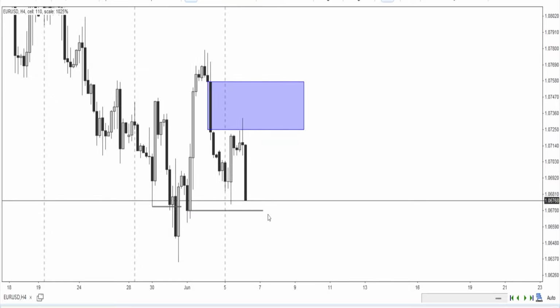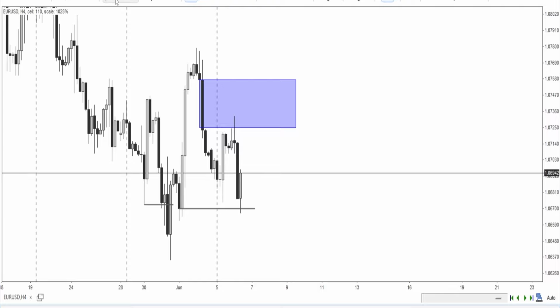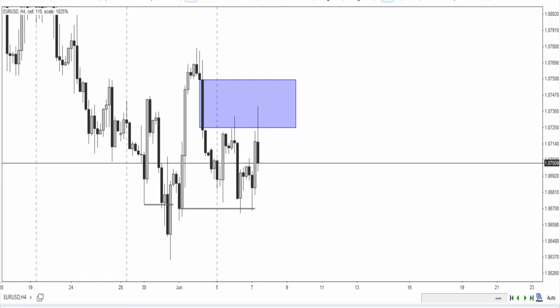When the price taps into this 4-hour rejection block, we can anticipate 15-minute candle expansions. We know that a 4-hour key level will produce 15-minute candle expansions. So it tapped and it ran away.